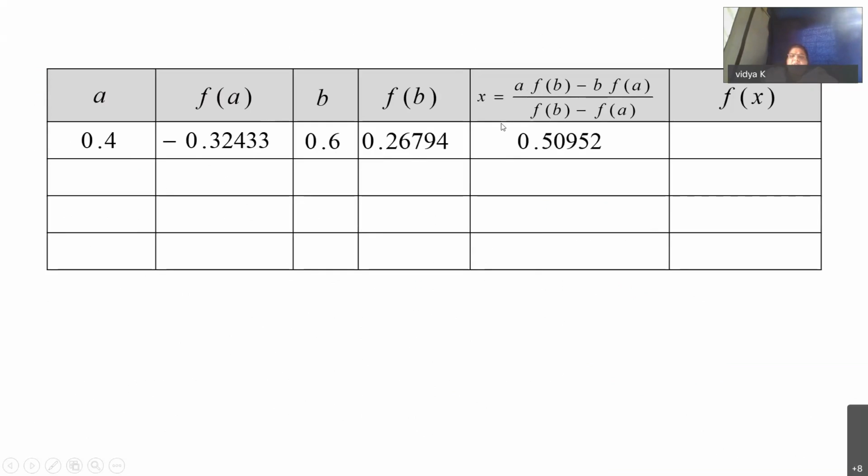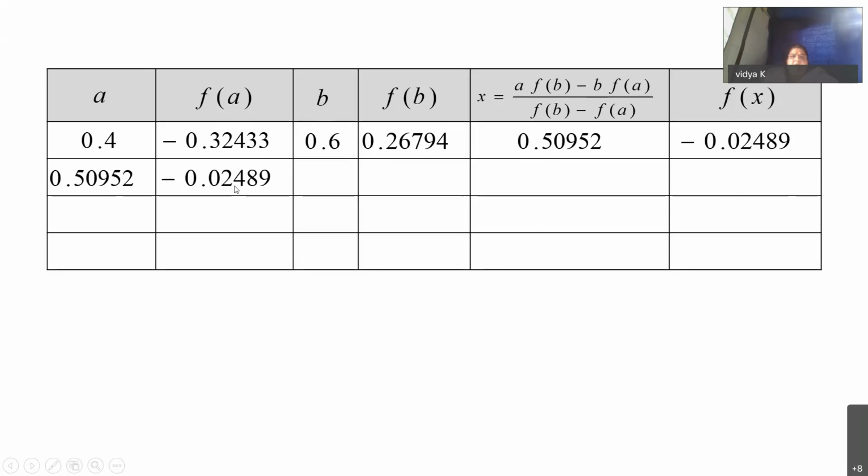Then I replaced A by this, f at B by this, B by this, f at A by this, and simplify, you get this. Then get functional value at this. So you get this. Now this is negative. So you have to seek among that where f value is positive. Here it is positive. So therefore discard 0.4 by 0.5095.